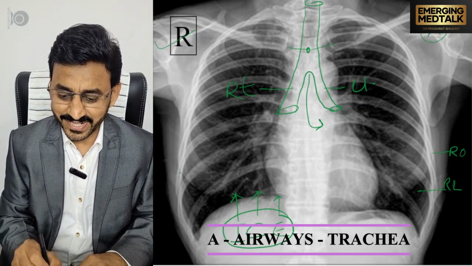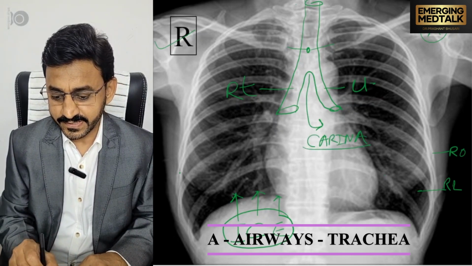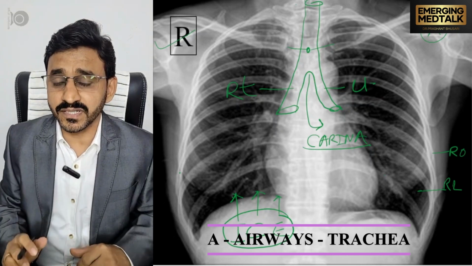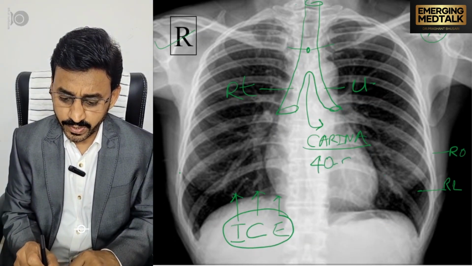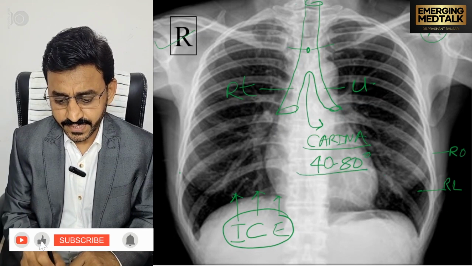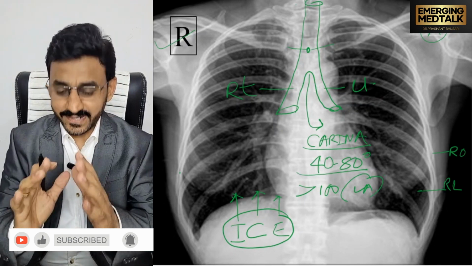That angle of bifurcation we call the carina. It is like the bottom of a keel, and the angle is around 40 to 80 degrees. If it is more than 100 degrees, there may be left atrial enlargement.